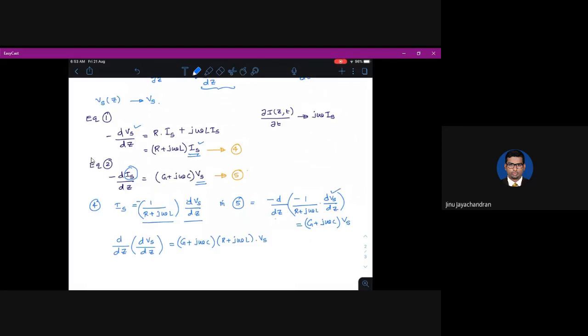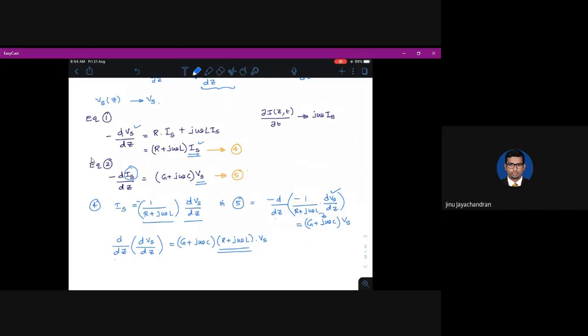R plus j omega L is a constant, so 1 by (R plus j omega L) you can take to this side, multiplied by (G plus j omega C). Now dVs by dz is not a constant, it's a differential, so it will become d by dz of dVs by dz.